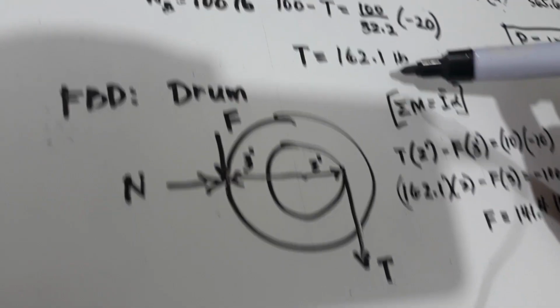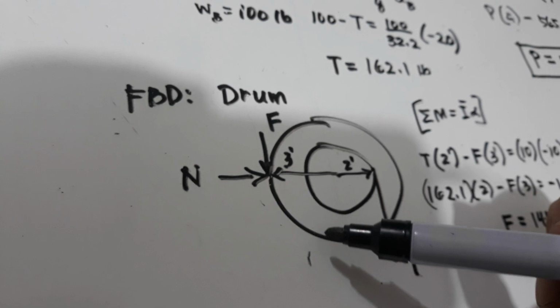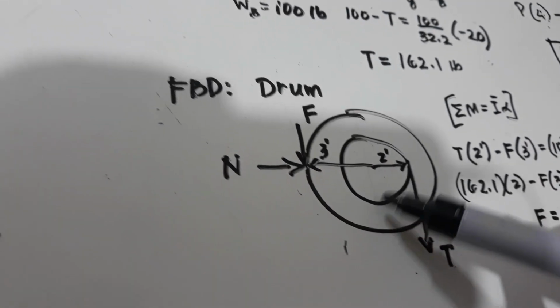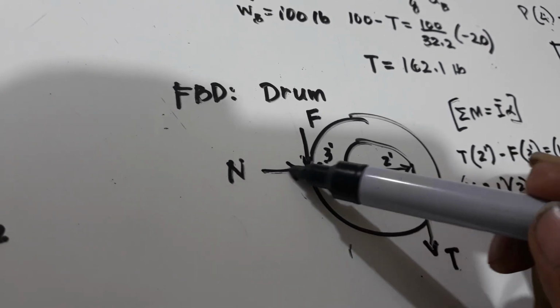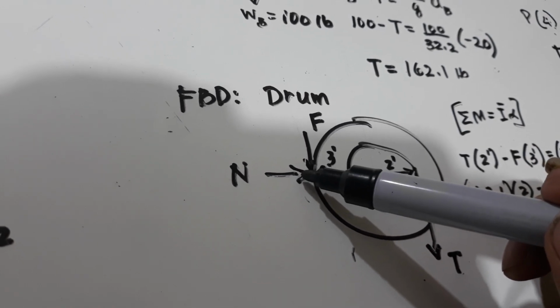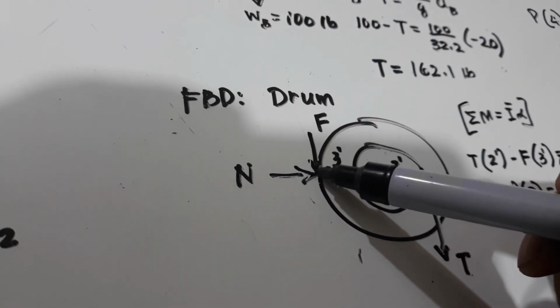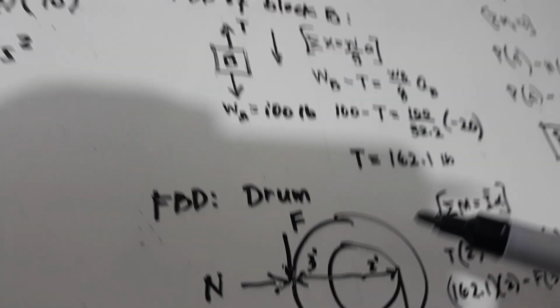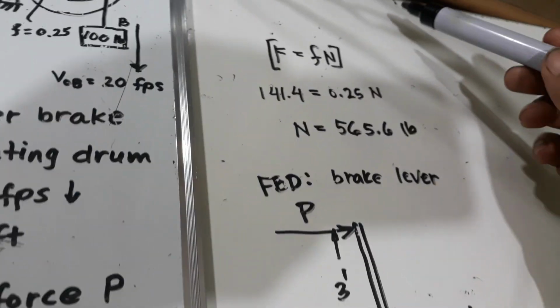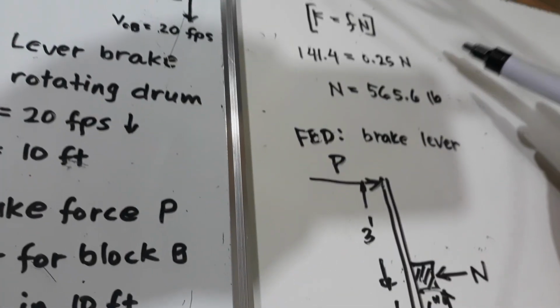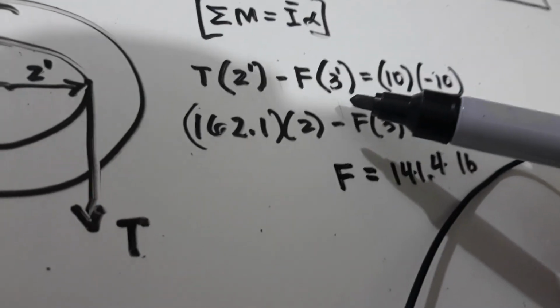Then we look at the FBD of the drum. The forces involved are the tension in the cord and the friction with a normal force, the force that is pressing against the drum. To solve for these forces, we need to understand that the friction F is equal to f times N. We take the summation of moments equal to I alpha.